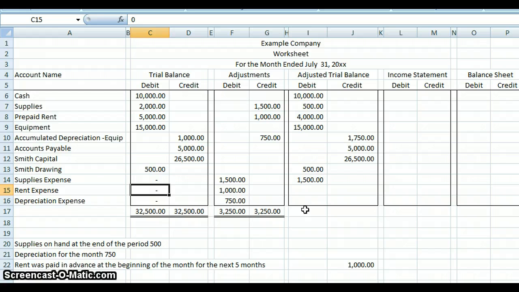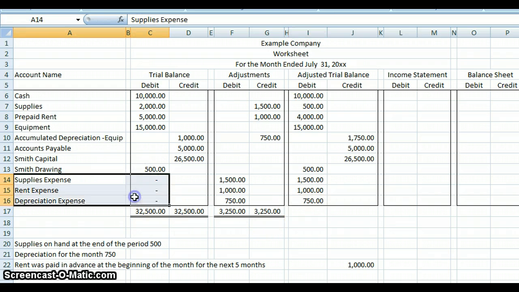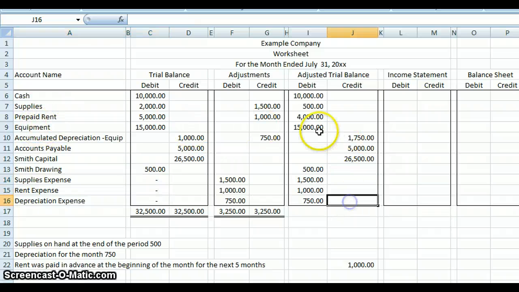I had a 0 plus 1,000 is going to give me 1,000, and 0 plus 750 is going to give me 750. And it's not that unusual that these 3 accounts would have zeros because they're temporary accounts. We zero them every month, and these 3 especially are generally due to adjustments, so they might start out with zeros until the end of the month when you go and look at some of these assets and make adjustments.